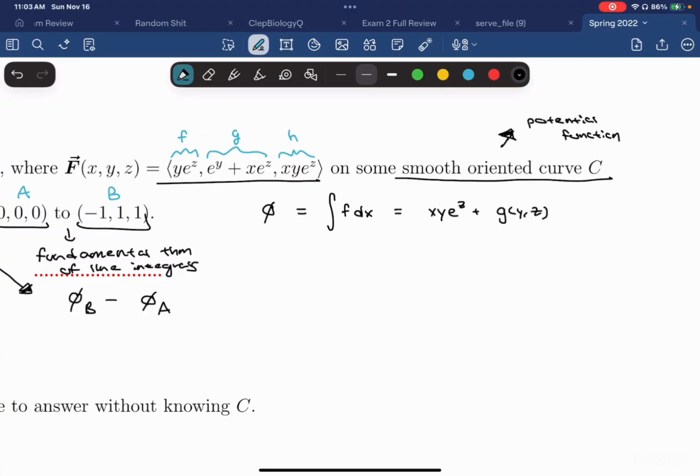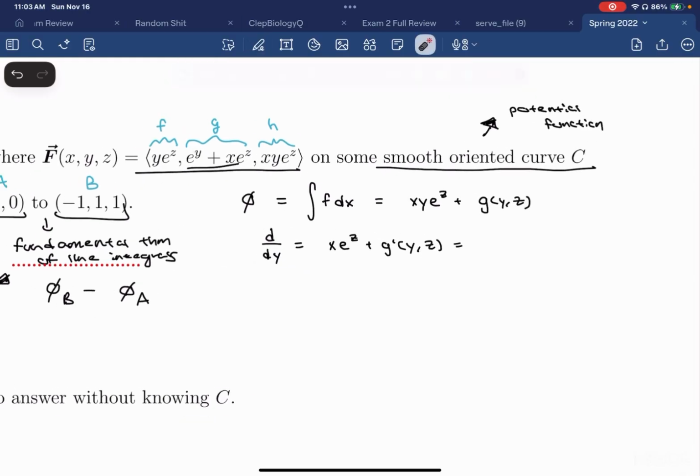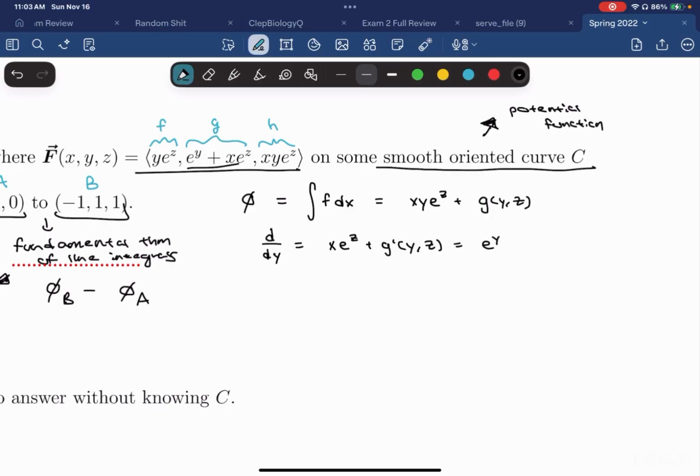Then you take the derivative with respect to y, which gets you x times e to the power of z plus g prime of y z. And then we have to equate this to g, which gets us e times y plus x e to the power of z.